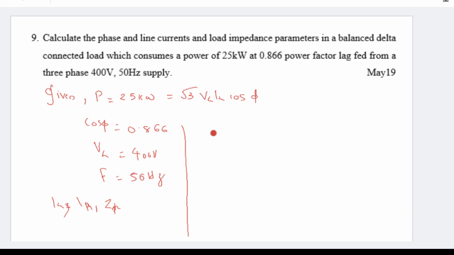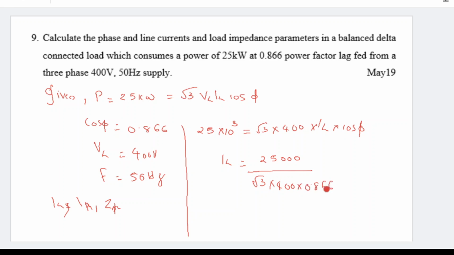The power they have given us is 25 kilowatts, so 25 into 10 to the power 3, because we have to convert it into SI system. 25 into 10 to the power 3 is equal to root 3 into VL, which is 400, into IL, we don't know the value, and the cos phi, you know it is 0.866. From this we can say IL is equal to 25,000 divided by root 3 into 400 into 0.866. Current I got it as 41.667.